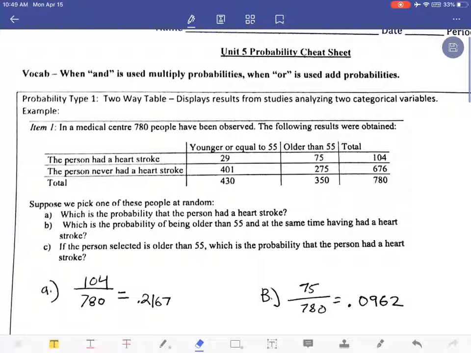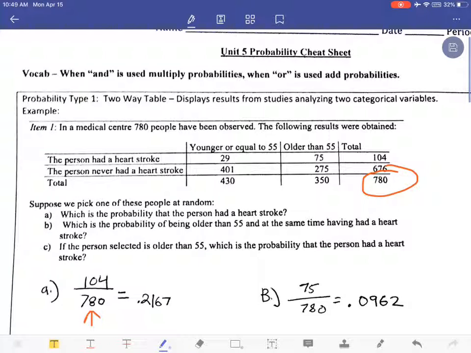So now part A, it says, what's the probability that the person had a heart stroke? There's no restrictions there. So if there's no restrictions, we're just going to use the total of everybody, the 780. So that goes under our denominator right there. Now to figure out the numerator, it says, what's the probability that they had a heart stroke?